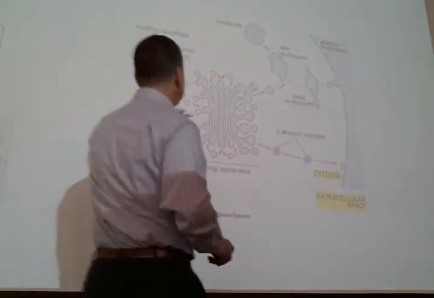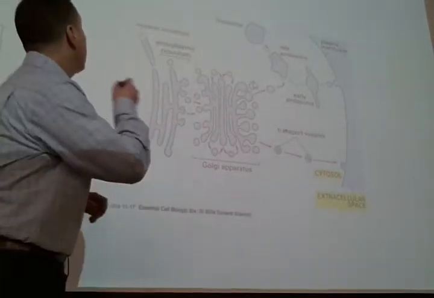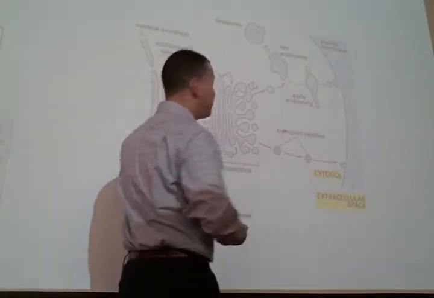So, how do we get proteins from the rough ER to the Golgi? By packaging them in little vesicles that bud off the ER and then move to the Golgi and merge with the Golgi membrane.